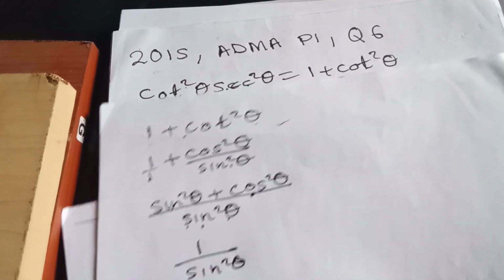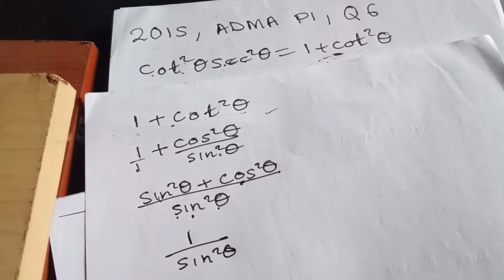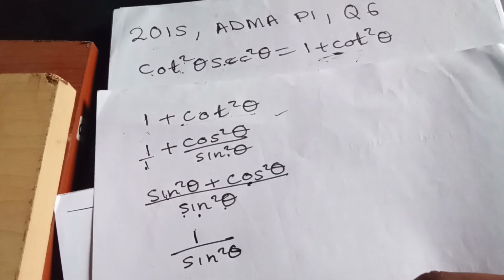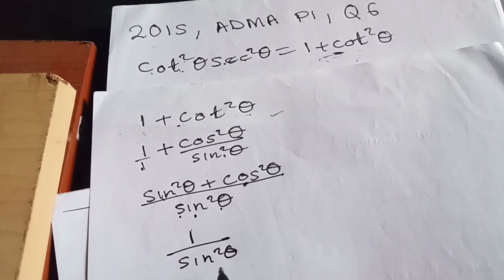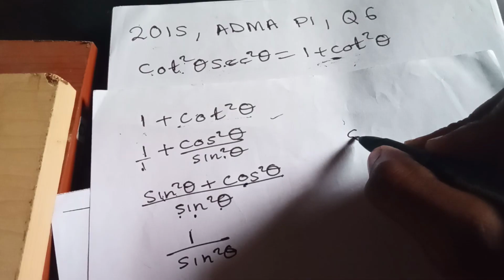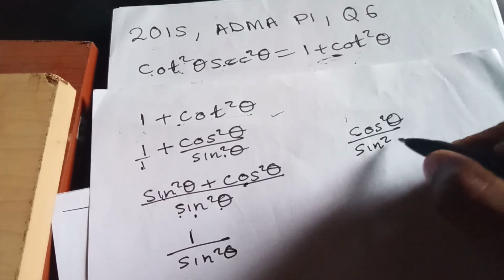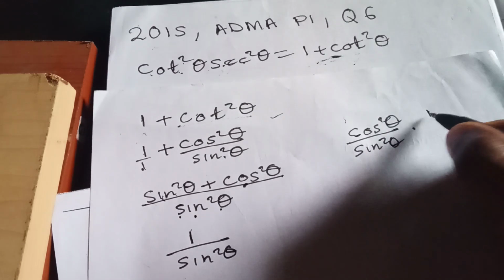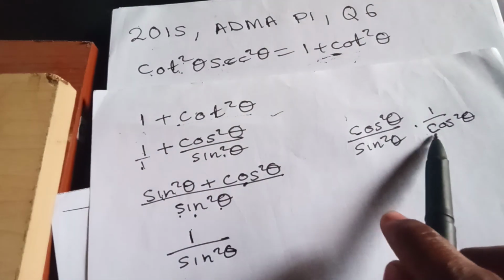Okay, this doesn't look good, but if you want to continue with this, there is this trick we usually do at a more advanced level. So instead of having 1 over sine squared theta, remember what you're looking for is cot squared theta times sec squared theta, which is like cos squared theta over sine squared theta multiplied by 1 over cos squared theta, if I was to write it like this.